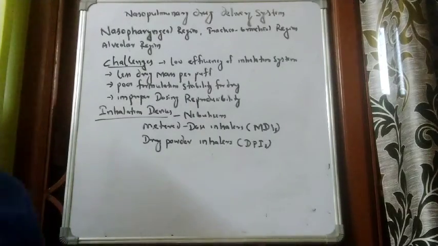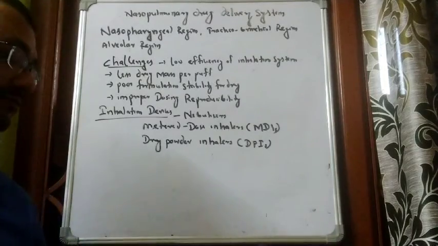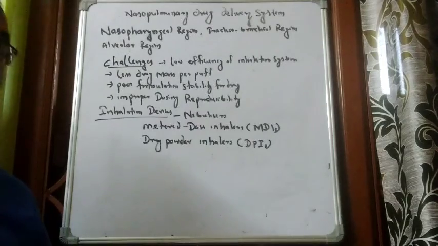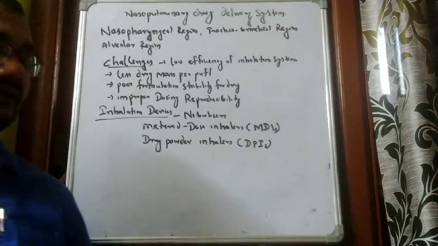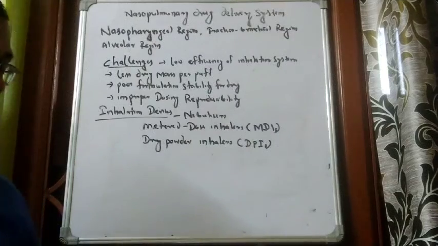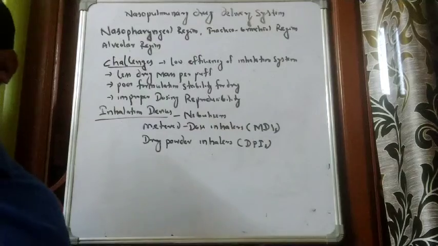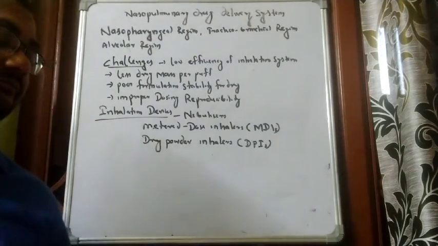When we take the drug delivery system through these systems, the clearance will be by phagocytosis. So we need optimum size, or particle size optimization, and we need to design the drug delivery system by knowing the anatomy of the lungs.